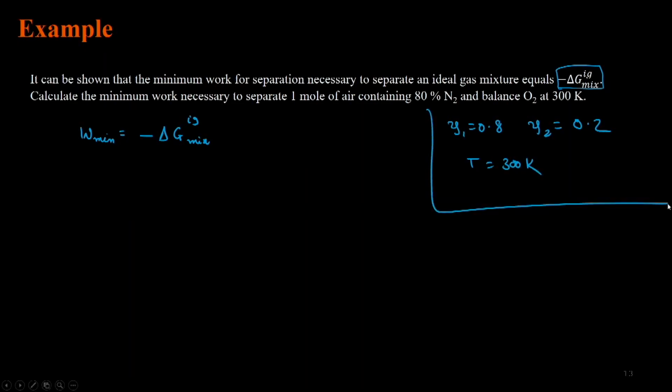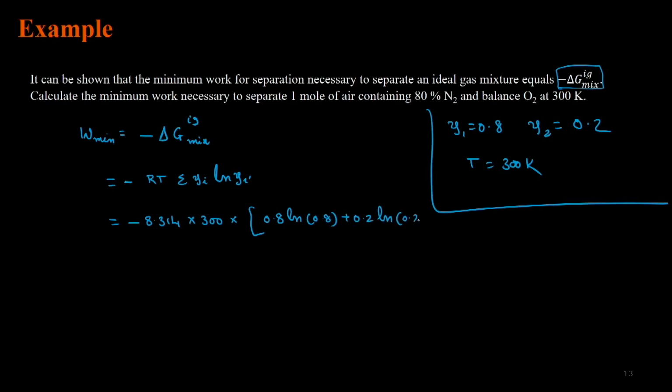Kelvin. Now, for an ideal gas mixture, delta G mixing is RT sigma yi ln yi. So that will be negative 8.314 times 300 times 0.8 ln 0.8 plus 0.2 ln 0.2.